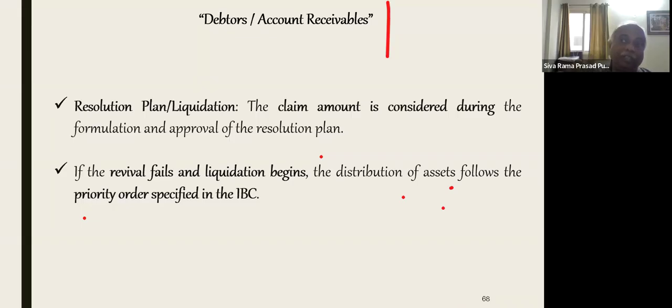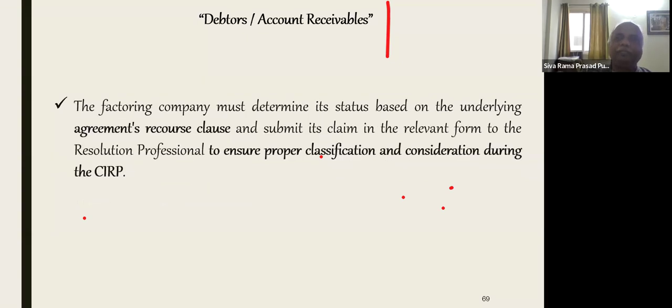And without recourse, you will treat it as an operational creditor. As per the waterfall mechanism, he will get the funds. The factoring company must determine its status based on the underlying agreement's recourse clause and submit the relevant claim form to the resolution professional, ensuring proper classification and consideration during the CIRP process.